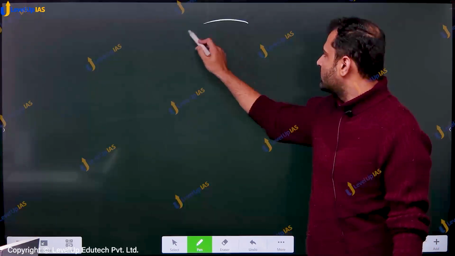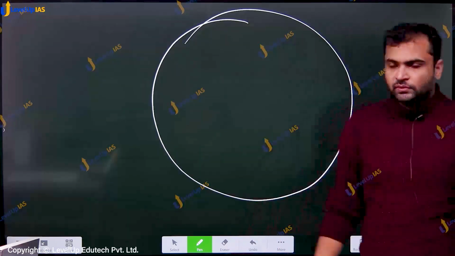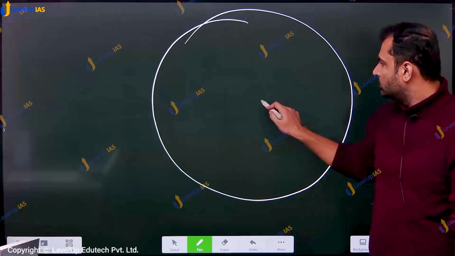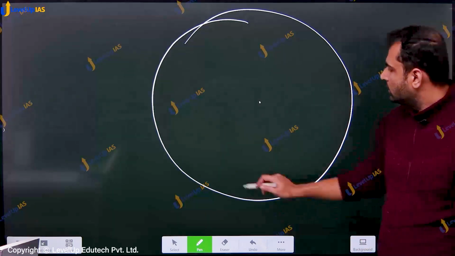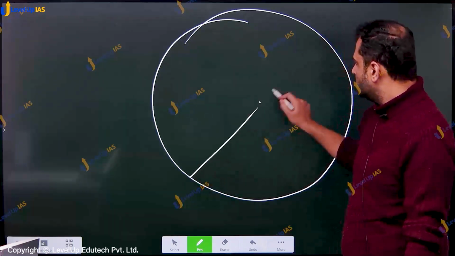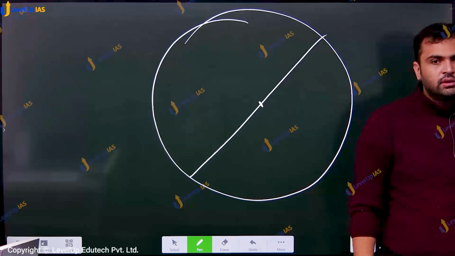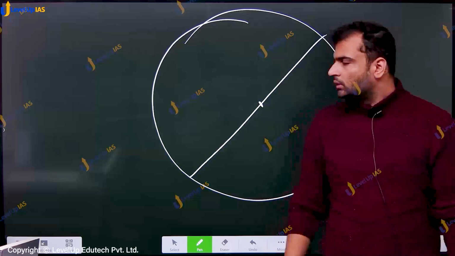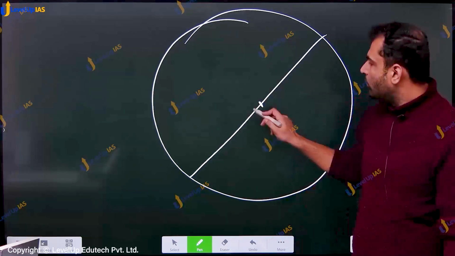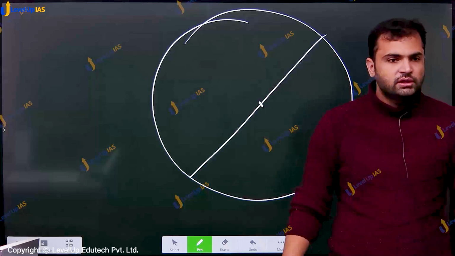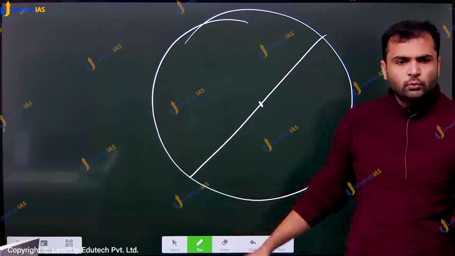So we are saying that if we have a circle, we have a center here, and let us say this is a diameter. We know that these angles are straight angles. What would their measure be? 180, right?